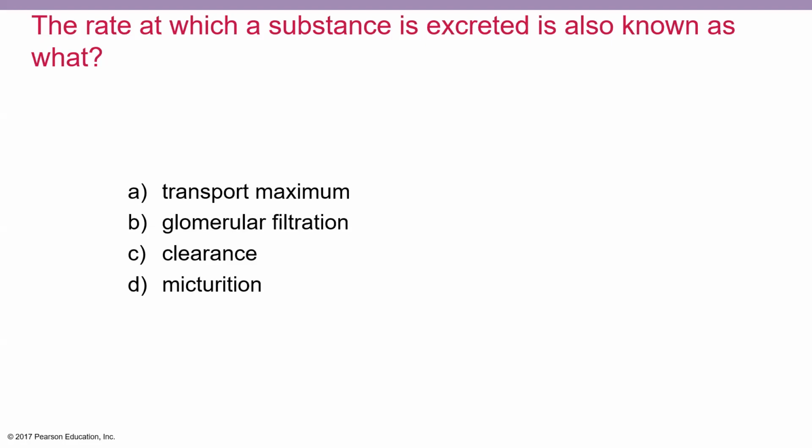Okay, so we had some split between A and B. So the rate at which a substance is excreted is also known as what? So it's not going to be A or B, and that's what most of the response was for. The rate at which something is cleared or excreted from the body or excreted in the tubule is called the clearance rate, okay? And that differs from the transport maximum.